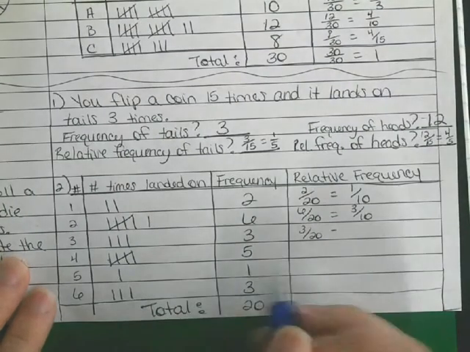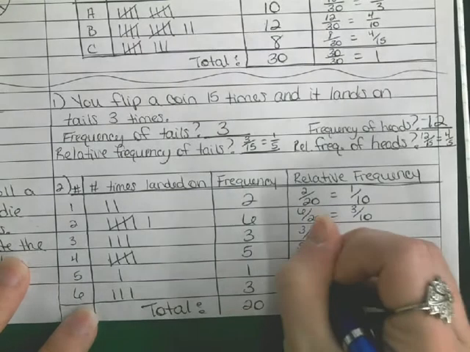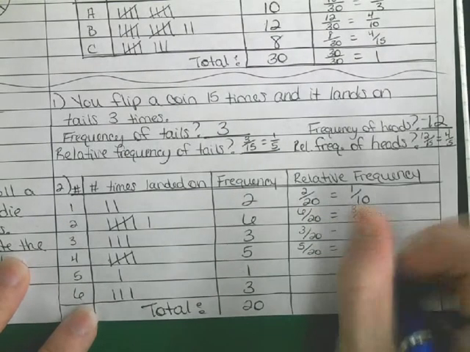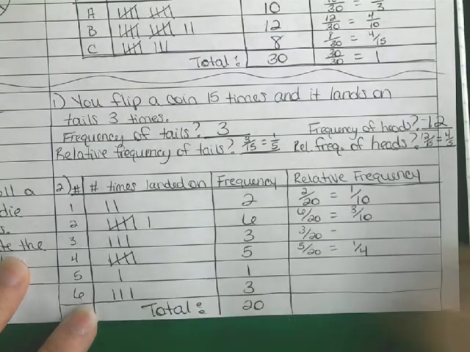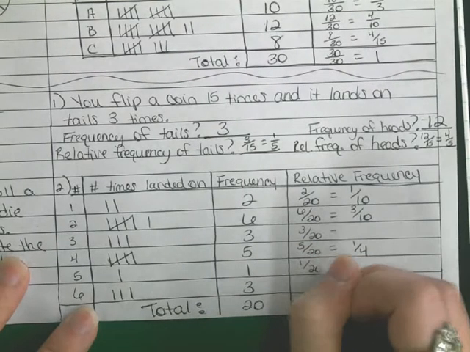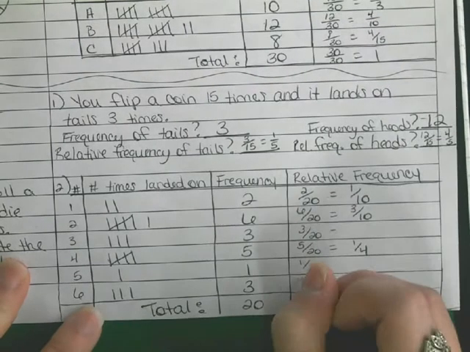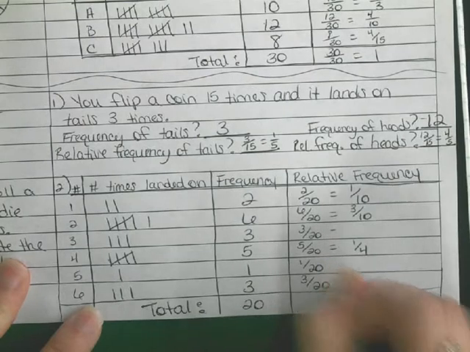For 4, it landed on 4 5 times out of 20, which we can reduce to 1/4. It landed on 5 1 time out of 20. We cannot reduce that. And then it landed on 6 3 times out of 20, which we cannot reduce.